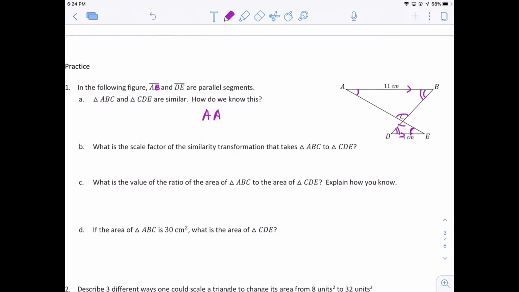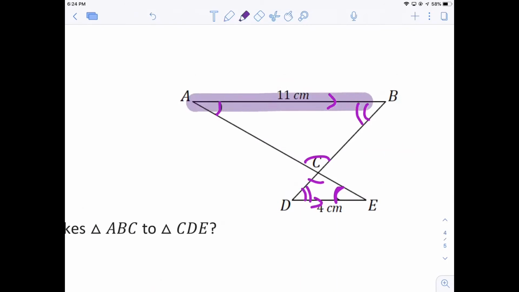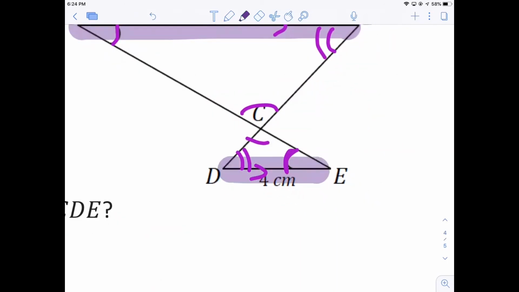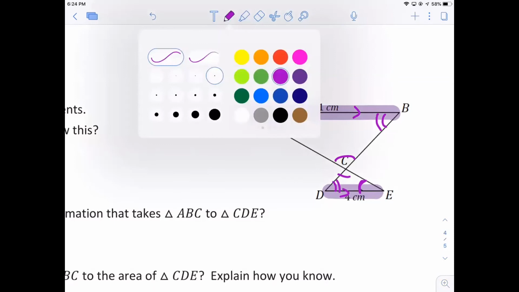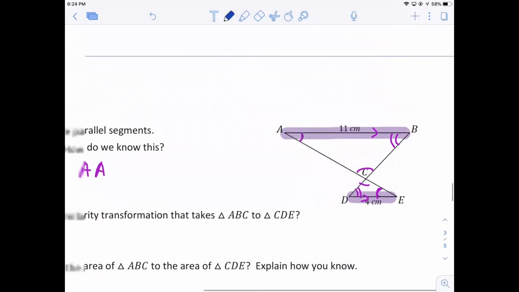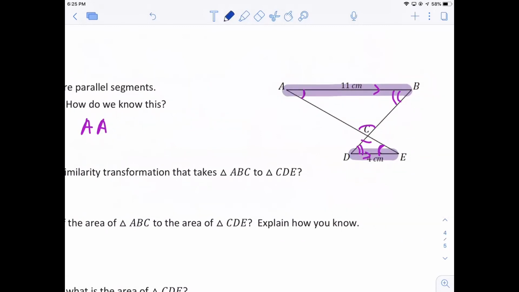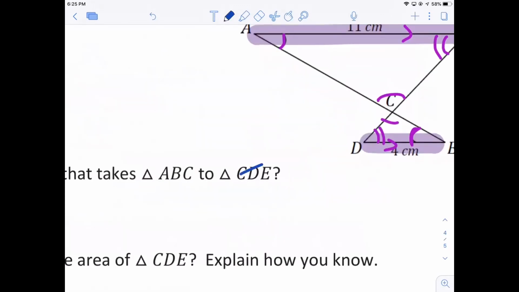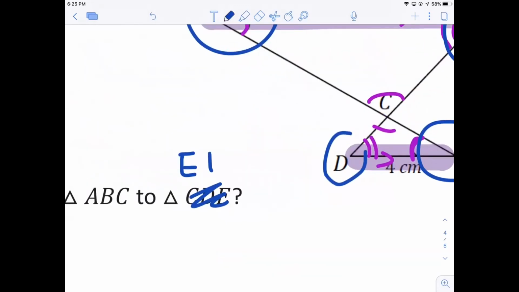What is the scale factor of the similarity transformation that takes triangle ABC to CDE? Well, triangle ABC has a length of 11 here. The length in this triangle is the length of 4, and we know those are the corresponding sides. If you want to set up the correct order for the triangles, we could. So the scale factor that takes triangle ABC to triangle EDC, this should really say triangle E. A corresponds with E, B corresponds with D, so this should say EDC.